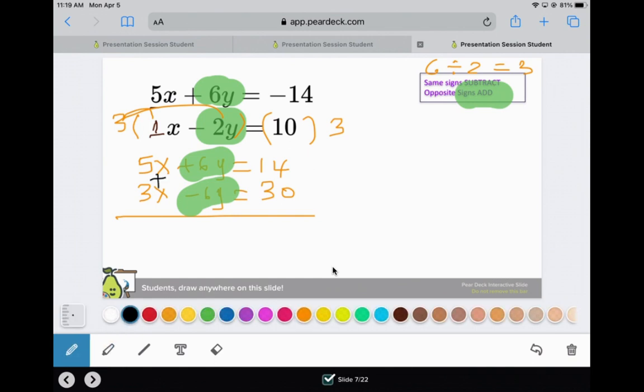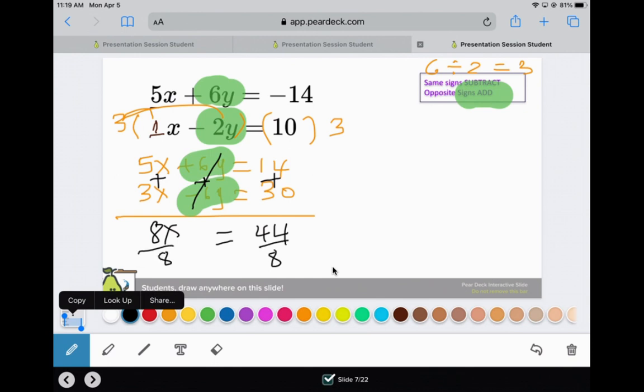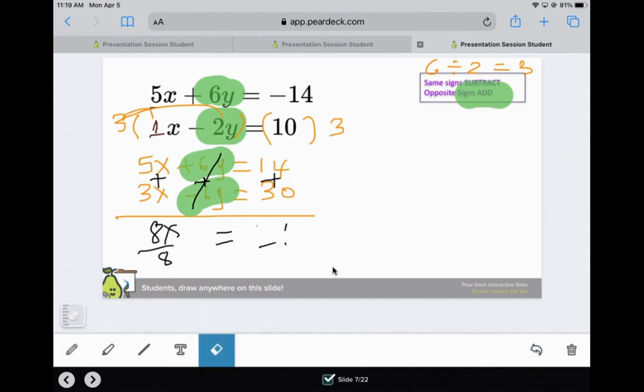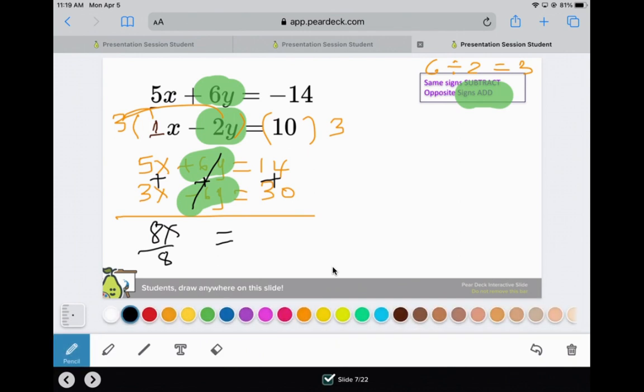Okay, so plus, plus, plus. This one cancels out, so this is 8x equal to... sorry, this is negative 14. I copied it wrong. Okay, this one is negative 14 plus 30, that gives you 16. Divide by 8, x is 2.